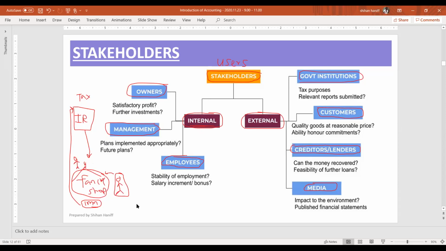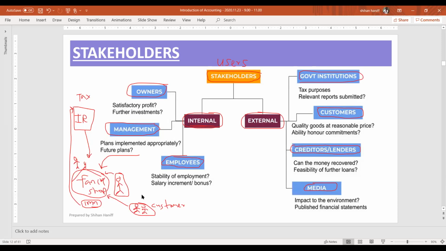The customers who buy fancy items from this shop also need this information, and the suppliers who supply the goods, local or foreign. So they also need this information.